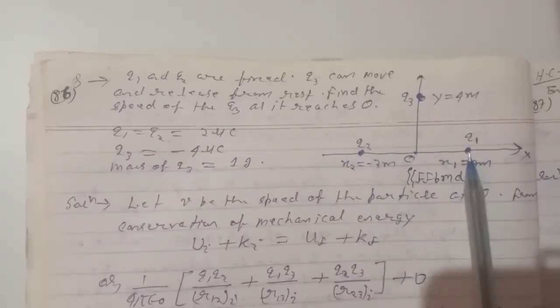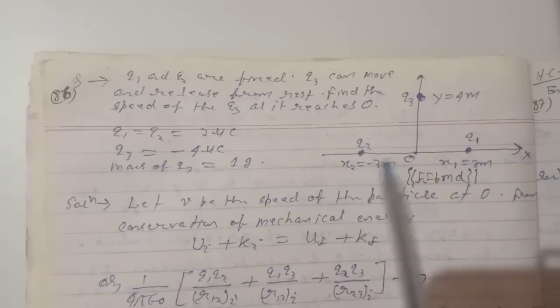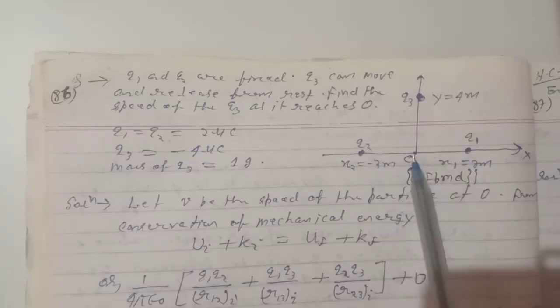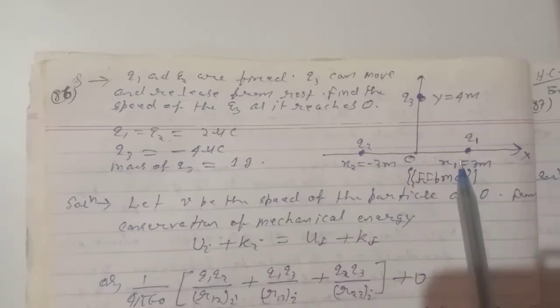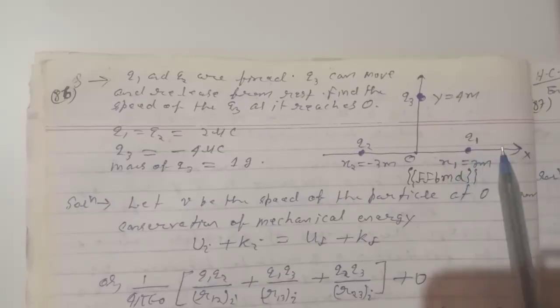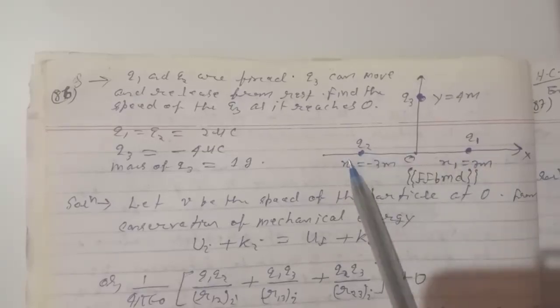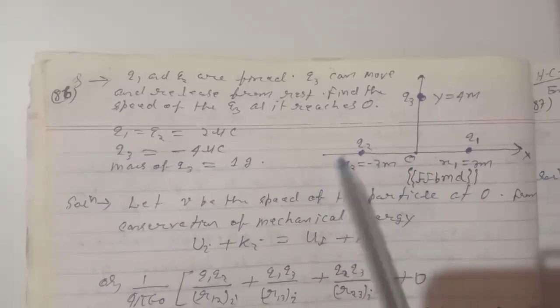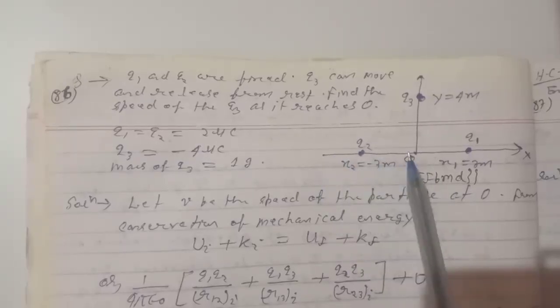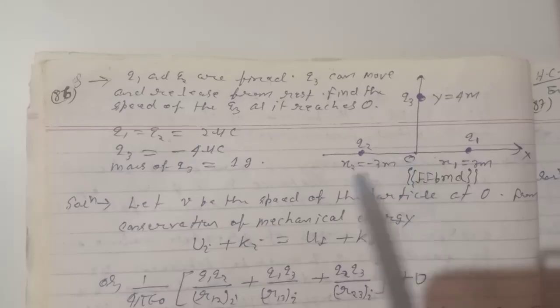Here charges Q1 and Q2 are placed on the x-axis. Q1 is at 3 meter from the origin, which means its x coordinate is 3 meter and y coordinate is 0. Similarly, Q2 is at minus 3 meter from the origin, the negative sign showing that it is on the left side of the origin.